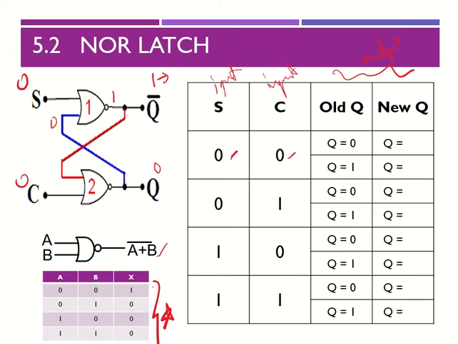So this becomes 1, and this one becomes 1. 1 0, the output is 0, so this will become 0. And 0 0 again gives 1, so it's always going to be 1, and 1 and 0 is 0, and 0 becomes 0. So your final Q is going to be 0.